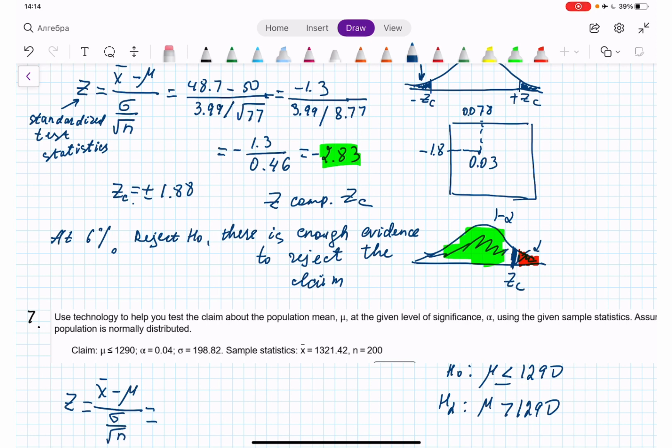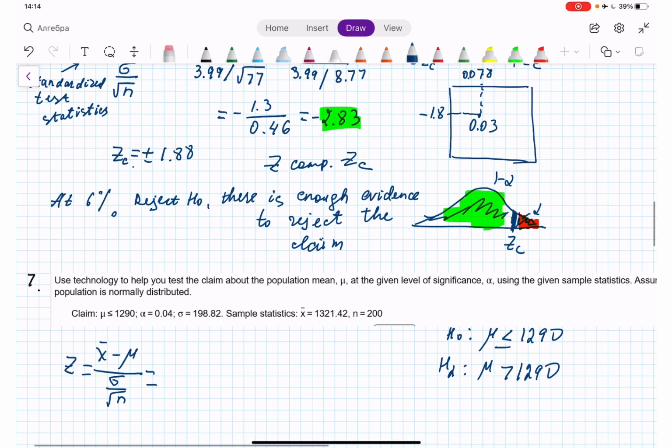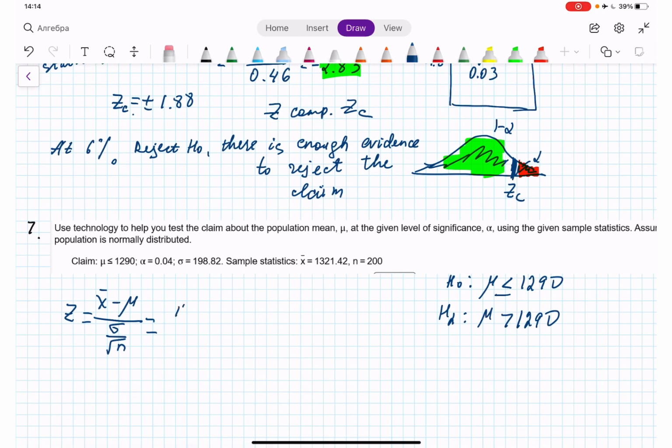Okay, x bar is 1321, minus mu is 1290, divided by sigma, the population standard deviation, 198.82, and we divide by square root of n, n is 200.